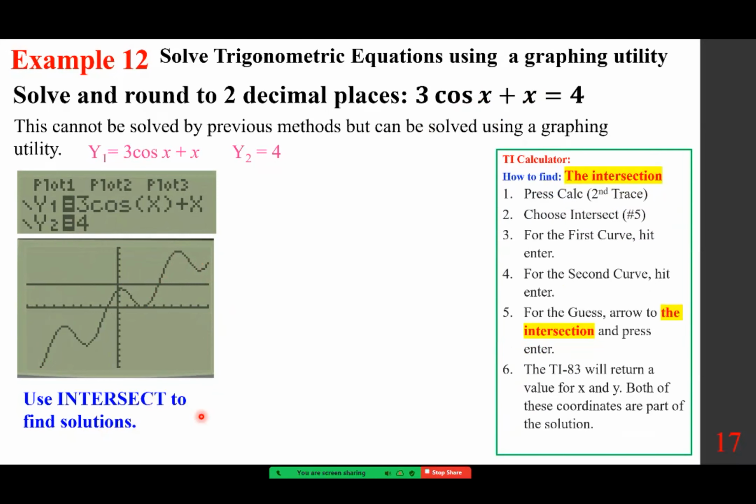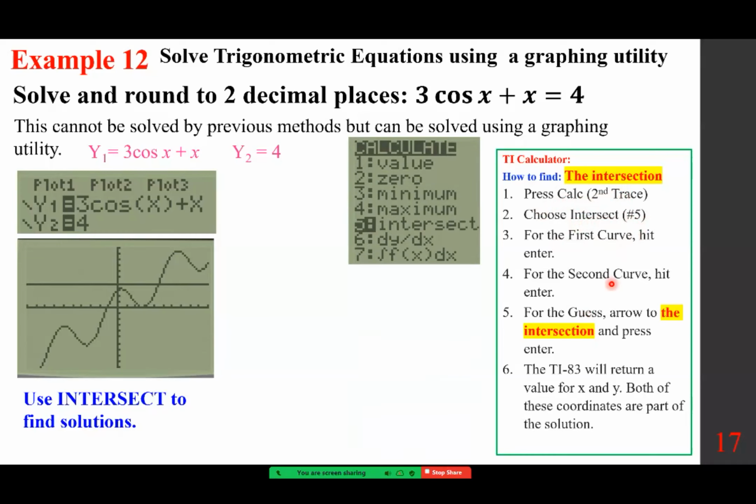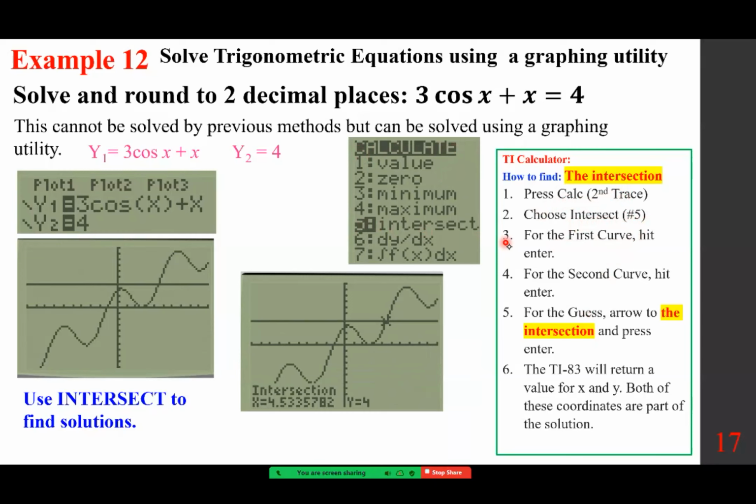And I'm explaining how to find intersect using a graphing calculator such as TI. Press calculate, which is second trace, choose intersect, which is number 5, and so on and so forth. So take a look. You go calculate. Number 5 is the intersect. You click on that. Okay. For the first curve, just hit enter. For the second curve, hit enter again. And then for the guess, arrow to the intersection, close to that, and hit enter.